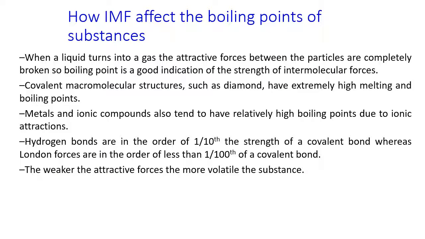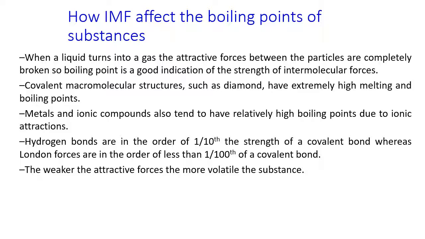So in terms of bonding affecting the boiling point of substances, we've already looked at that in the graph, but when a liquid turns into a gas, the attractive forces between the particles are completely broken. So the boiling point is a good indication of the strength of the intermolecular forces between those molecules.